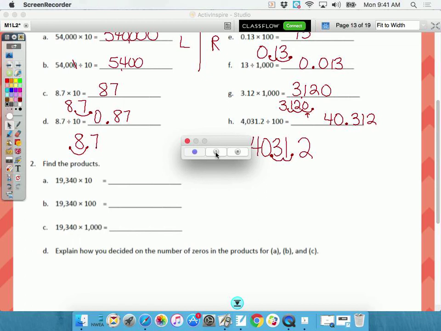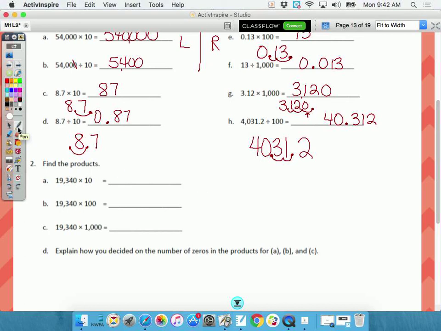All right, boys and girls, let's talk about the answers here. The answer to A. Blair, tell me what you wrote on A. What did you write for an answer? Really? All you have to do is add a 0 to the end of each one.